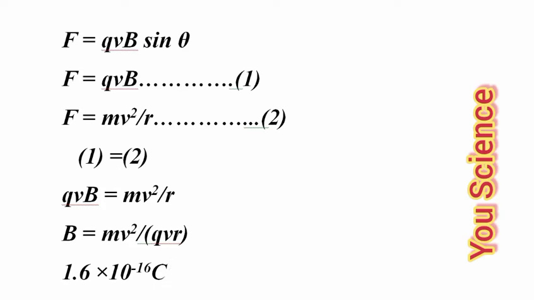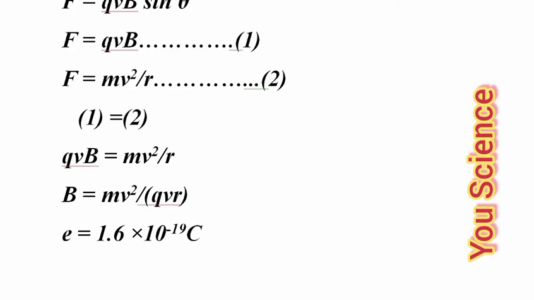This is the electronic charge, e. So the electronic charge is also equal to the charge of the proton. The only difference is that the electron is negatively charged while the proton is positively charged.